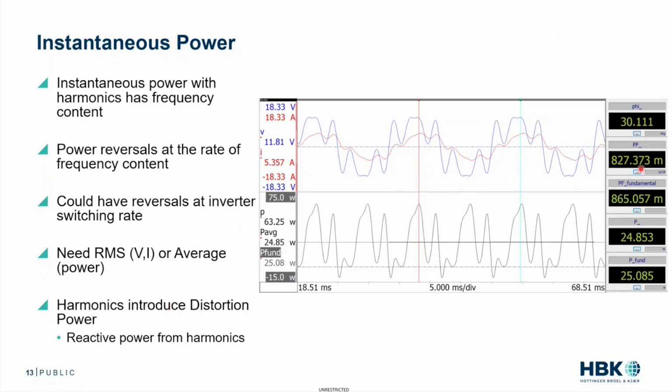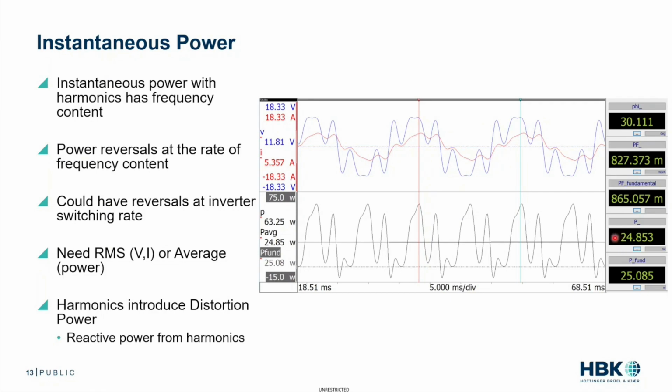And what we see again is if we take the power factor of the total system, we get 0.827. If we take the power factor of just the fundamental, again, that's 0.865. Which frequency are we interested in? And I think even more interestingly, power is not immune from this either.